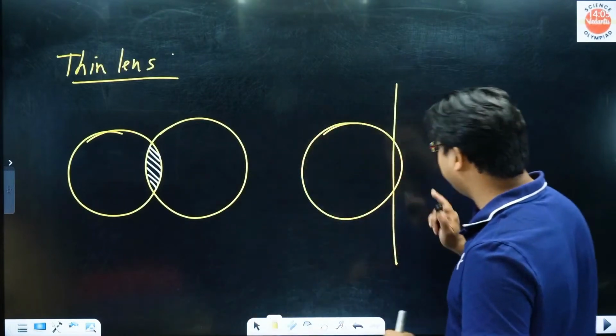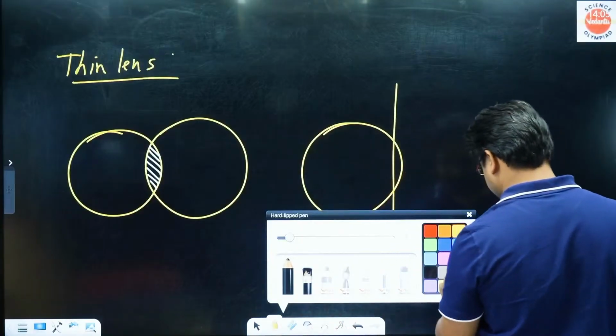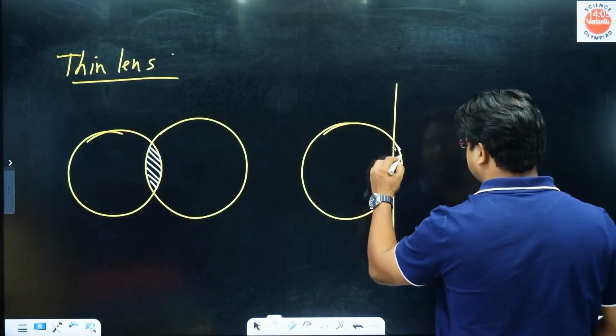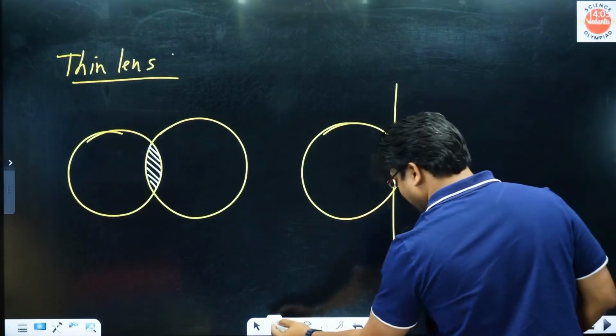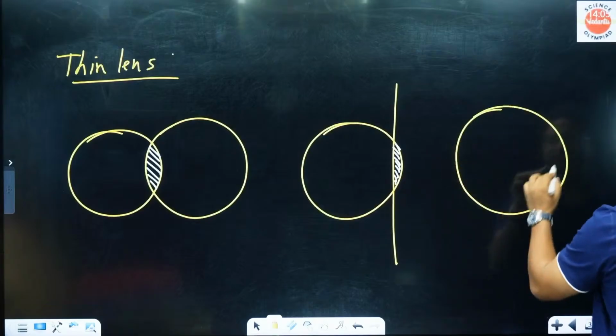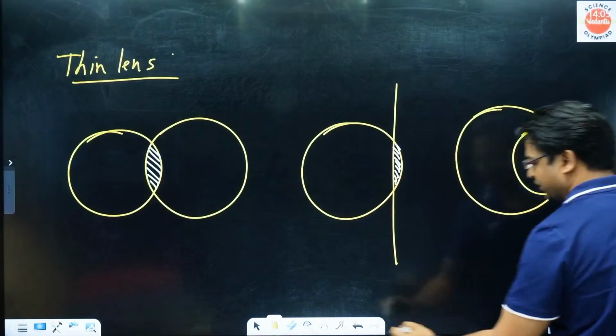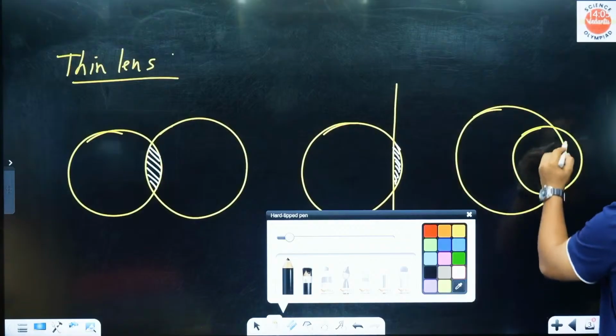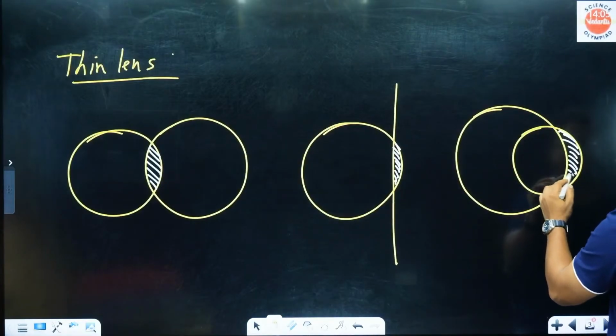So even this qualifies to be called a lens. And a third option is that we draw one sphere like this and another sphere like this. So here also you see that there are some overlapping regions. So these are the three types of lens.